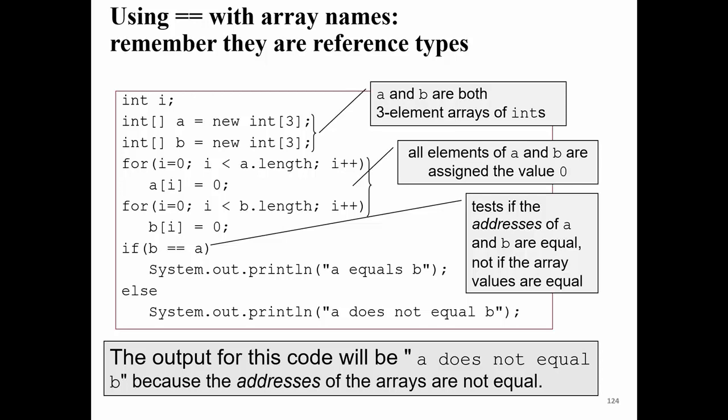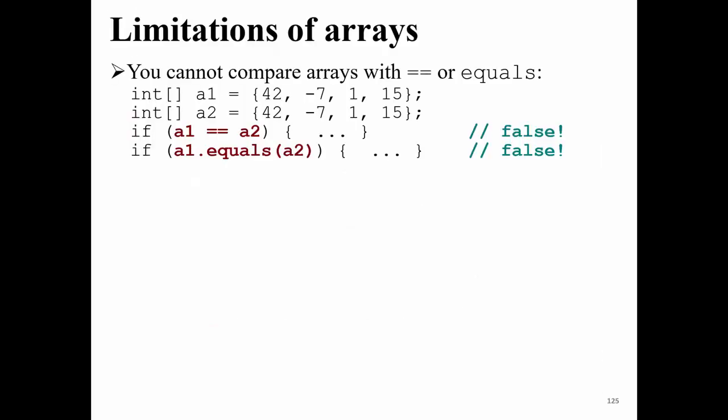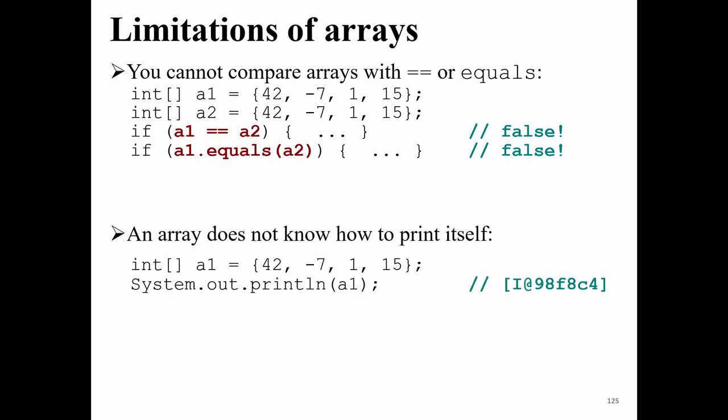If you would like to compare the content, there is a different approach: go element by element and make sure that these elements are equal. Even if you use dot equals with an array, it will return false. So this is one of the limitations of the array.